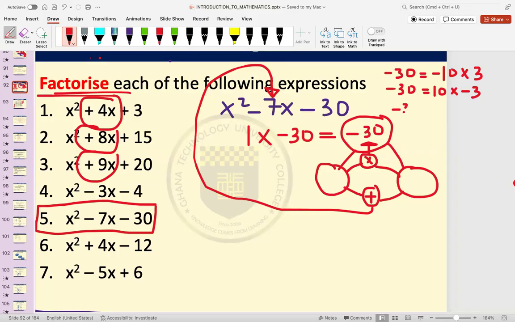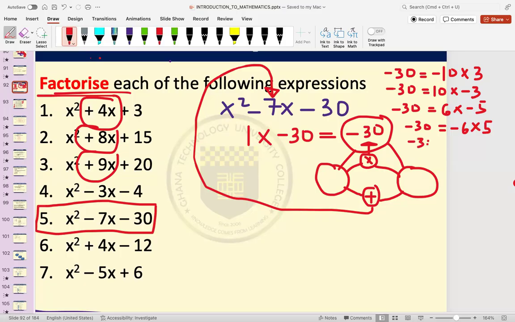My third attempt is that when I multiply 6 by negative 5, I'll get negative 30. Again, when I multiply negative 6 by 5, I'll get negative 30.